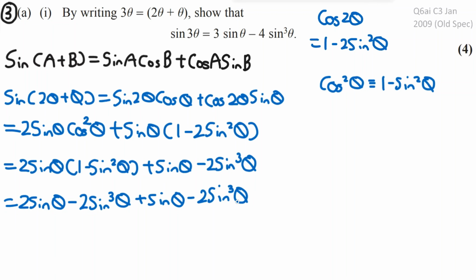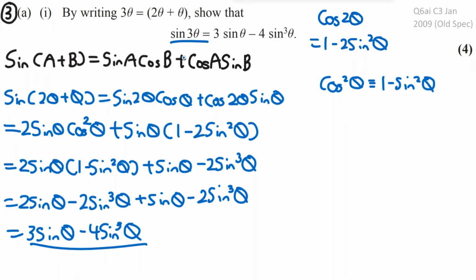Then we collect the like terms. 2 sin theta plus sin theta is equal to 3 sin theta, and then minus 2 sin cubed theta minus 2 sin cubed theta is equal to minus 4 sin cubed theta, which is what's required. So we have proven that sin of 3 theta is equal to 3 sin theta minus 4 sin cubed theta.